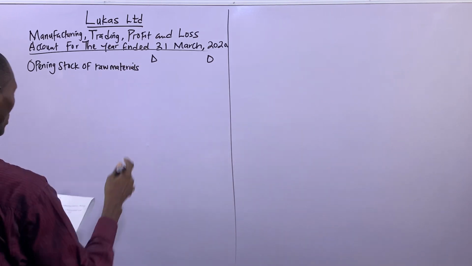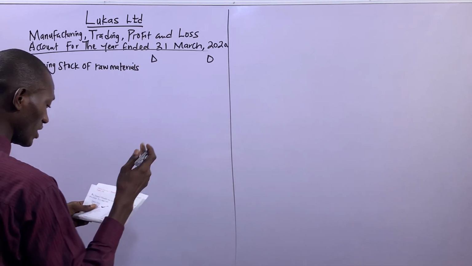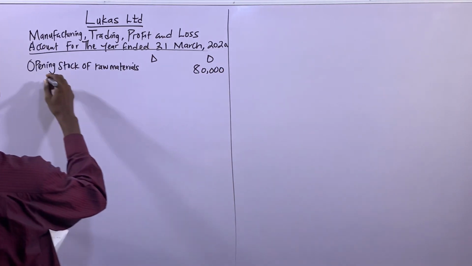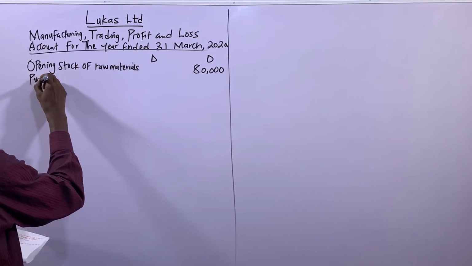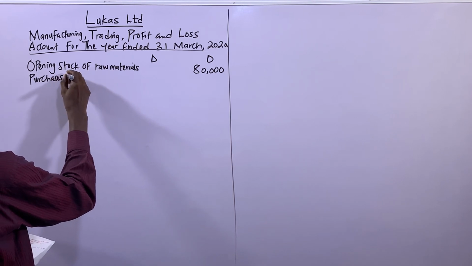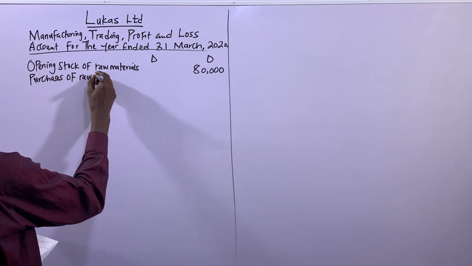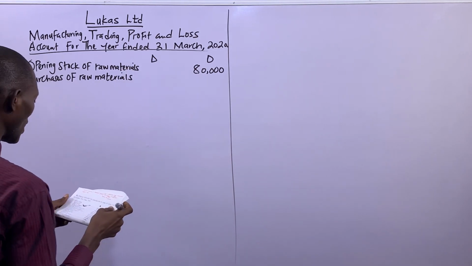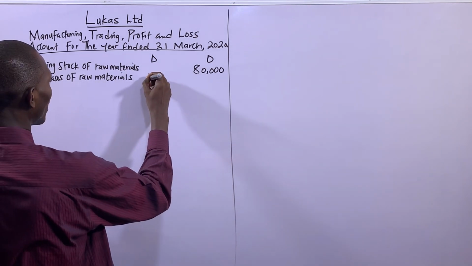That's given at the beginning of the question, 80,000. Then we have purchases of raw materials, that's given as 150,000.